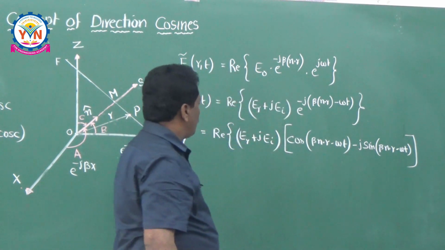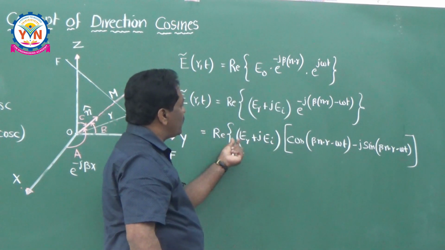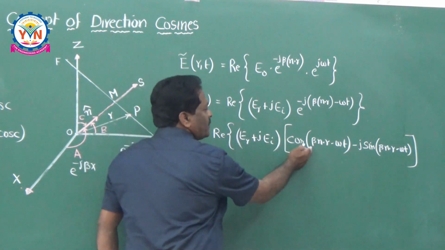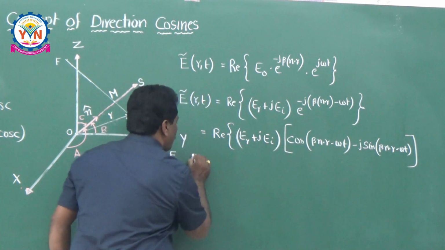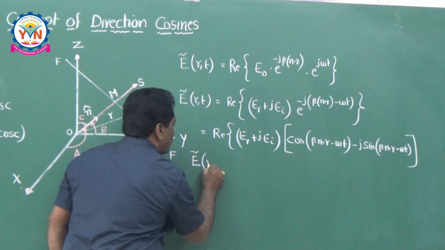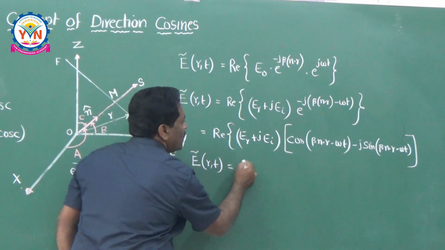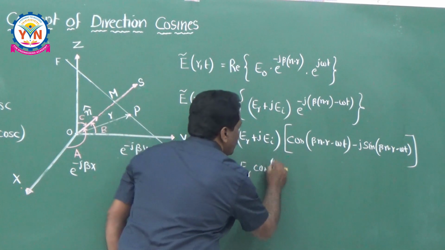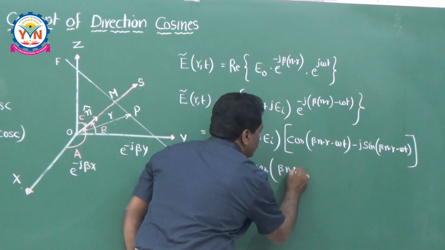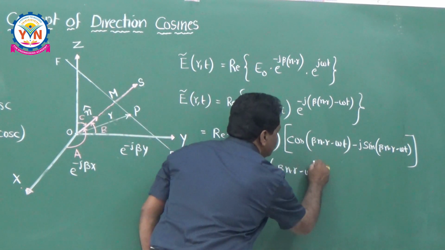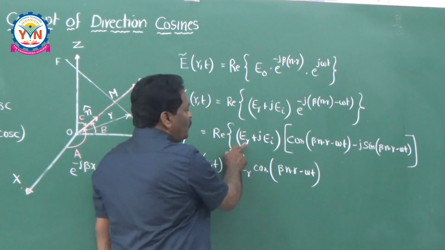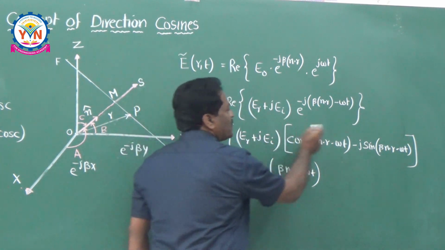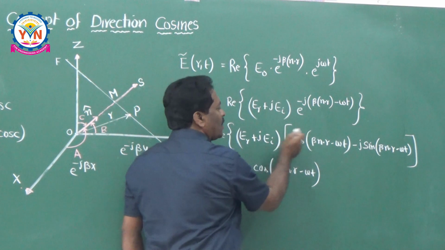Now take the real part of it. Real part means the first term is nothing but the real part. Therefore, E cap of r comma t is equal to er into cos of beta n dot r minus omega t. If you take the multiplication of this and this, it is imaginary, and this is also imaginary.